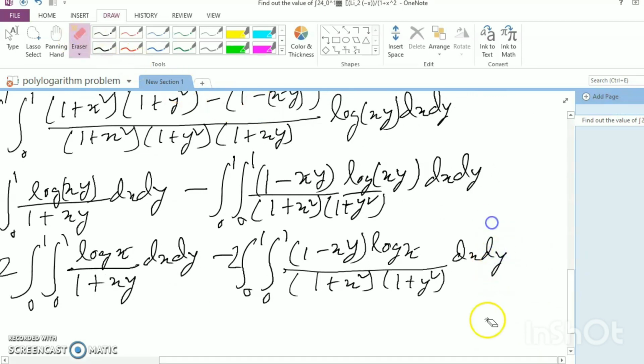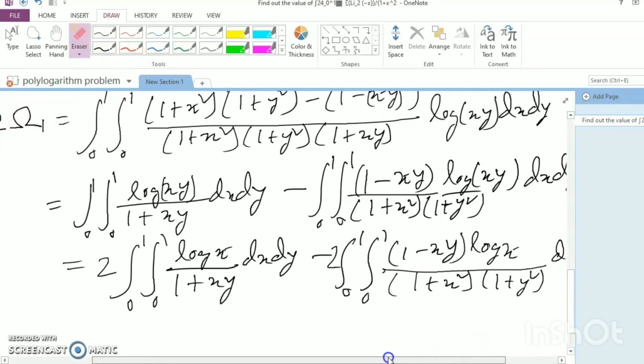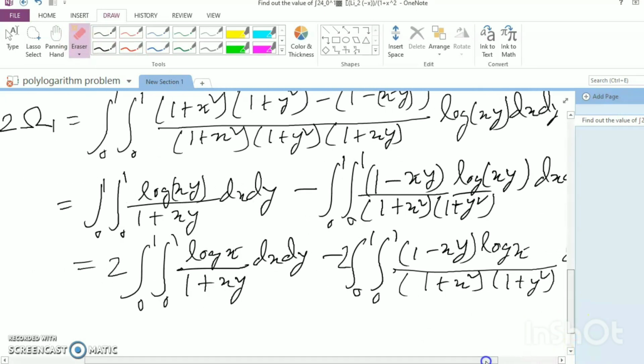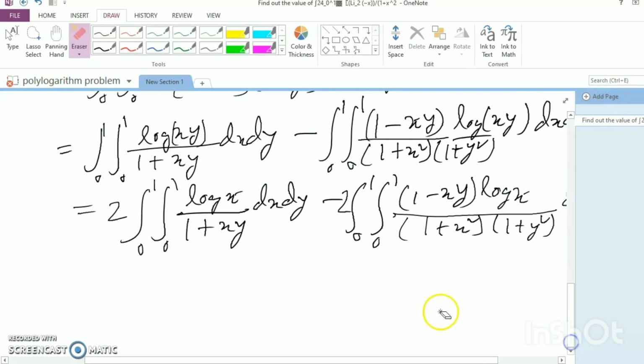So friends, I apply this way, and now this equation I apply 2 into 0 to 1 log x and integration 0 to 1.